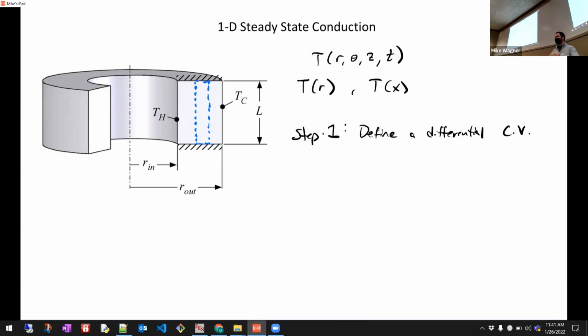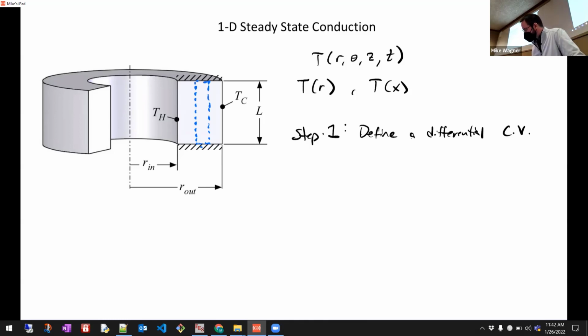Then everything not r had better be uniform. So I can draw this control volume going from the bottom to the top because it's uniform in all directions not r. So when we draw a differential control volume, we're talking about a differential width in the direction that we want to model the temperature gradient.